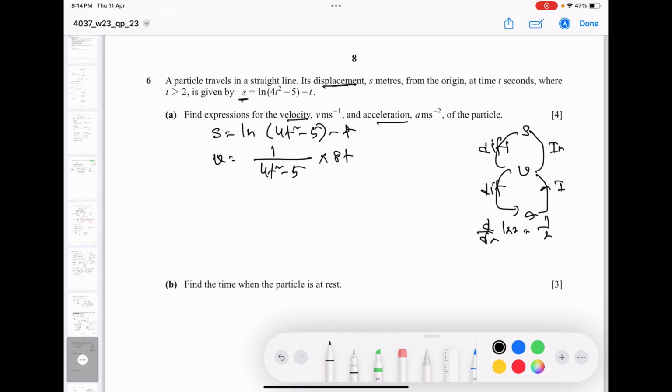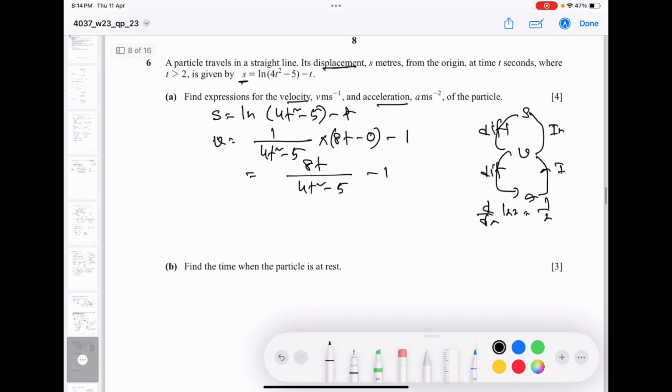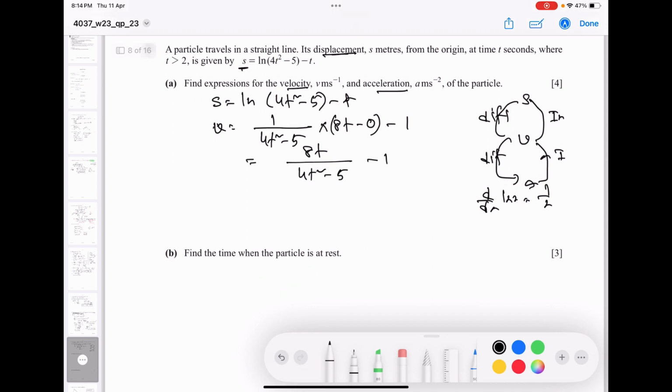minus 0, and t is differentiated, the result is 1. So it becomes 8t divided by 4t square minus 5, minus 1. This is the velocity. Now to find the acceleration, we need to differentiate it again.